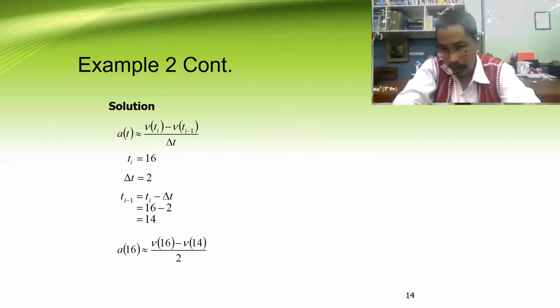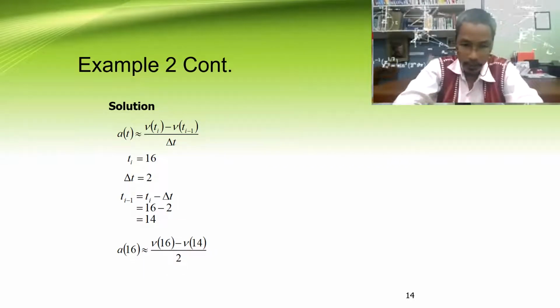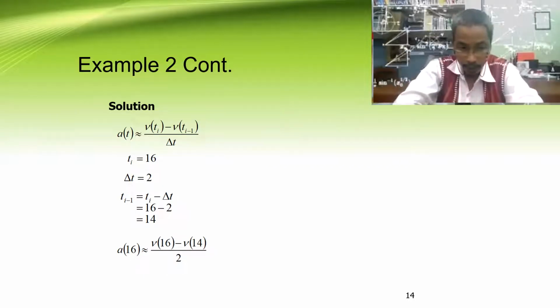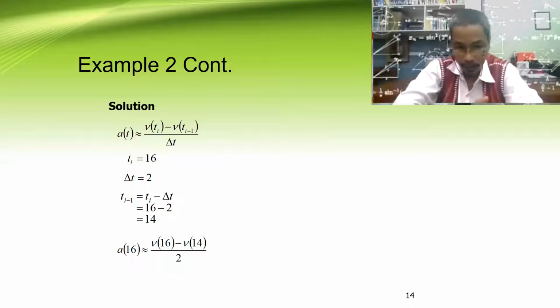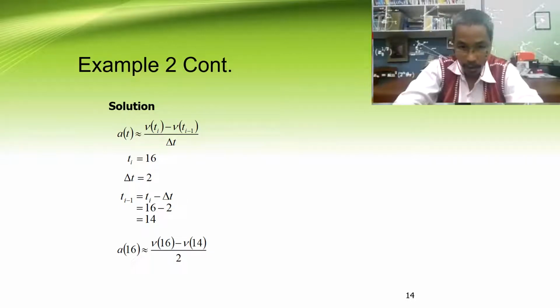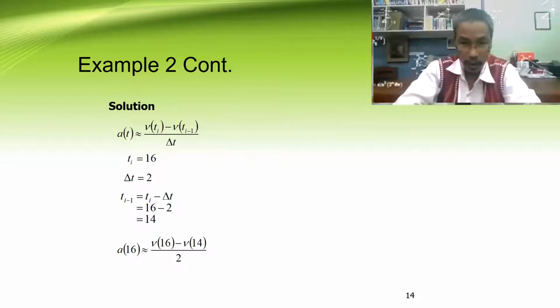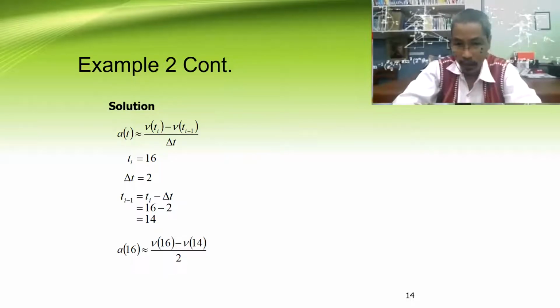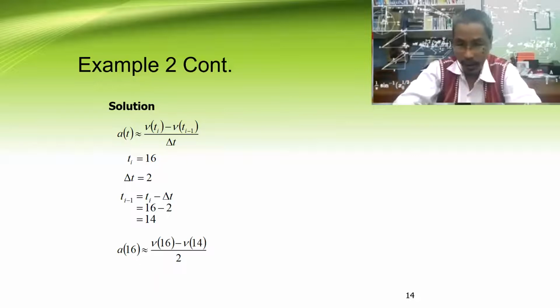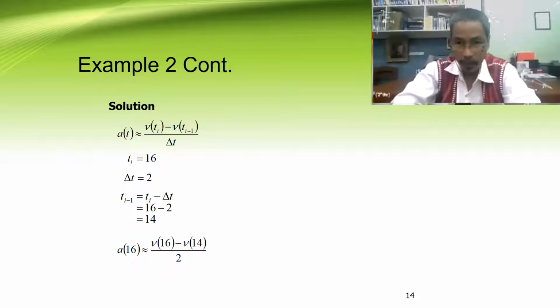We are interested in the acceleration at time 16, which is equal to the velocity at time 16 minus the velocity at time 14, divided by 2. So there are two things that we need to evaluate: the velocity at 16 and the velocity at 14.